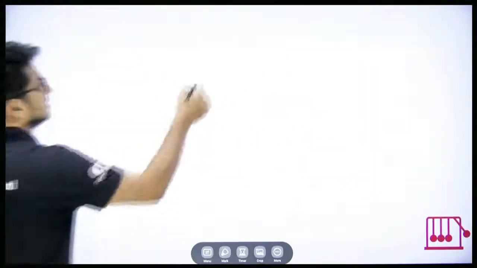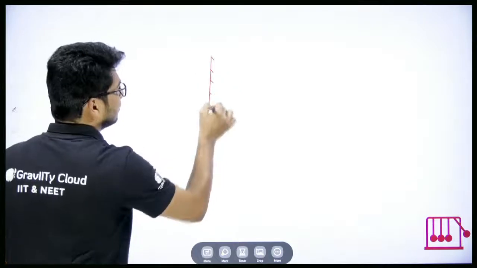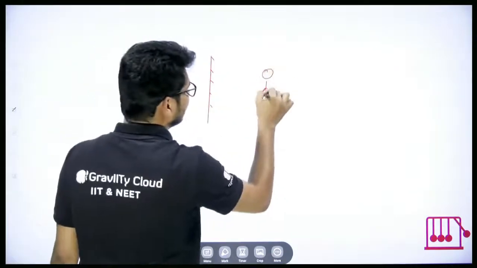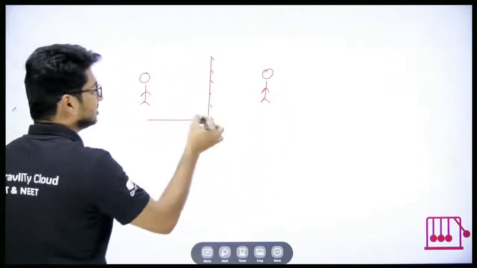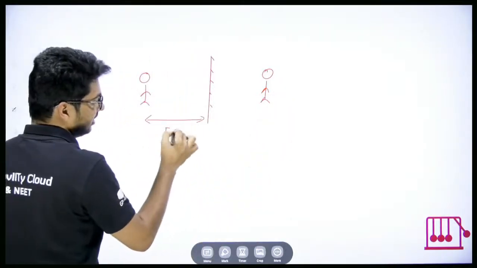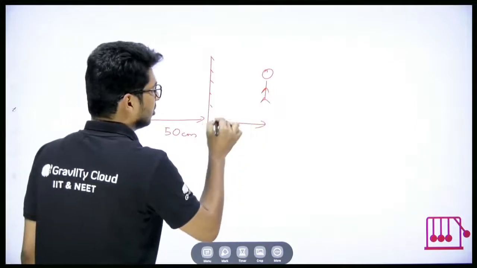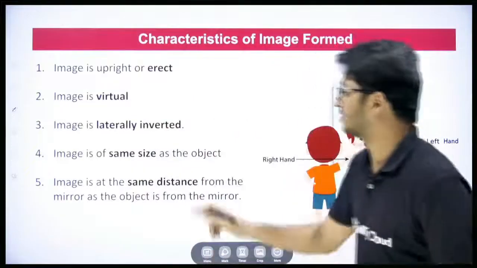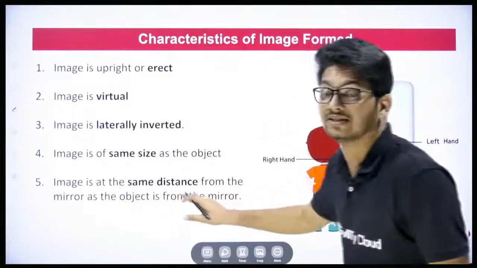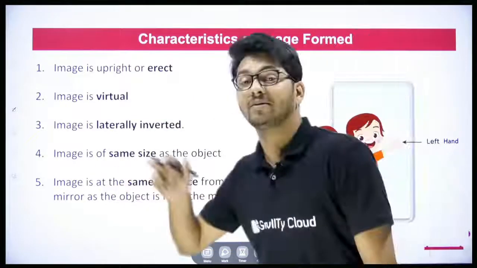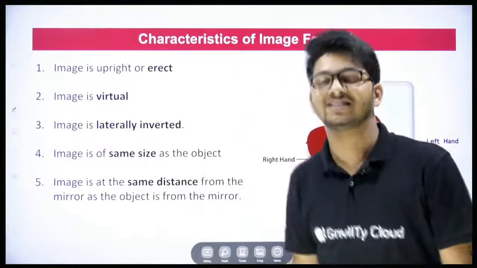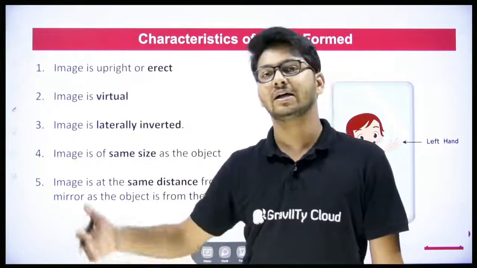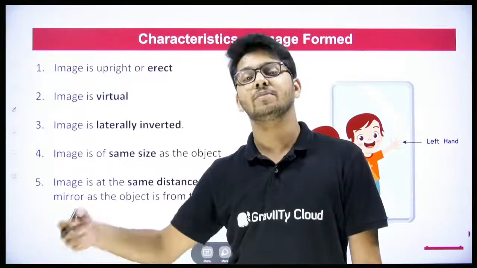This means that if this is the mirror, this is the object, and this is the image, and this distance is, let's say, 50 centimeters, this distance will also be 50 centimeters. That's what the last point means: the image is at the same distance from the mirror as the object is from the mirror. So these are some important points regarding the image formed by a plane mirror.